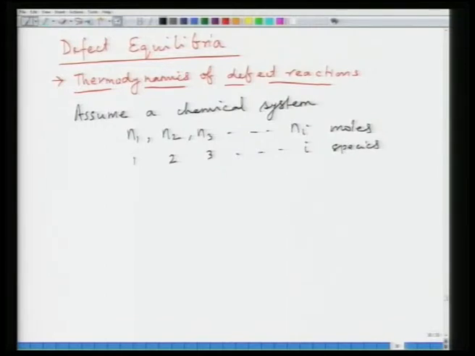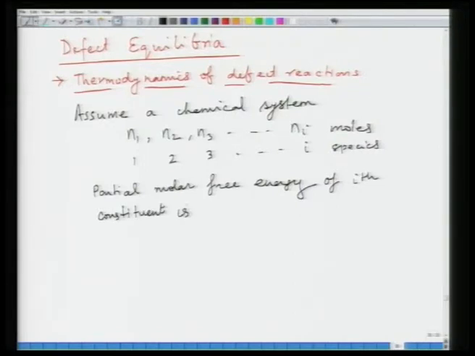And the partial molar free energy of a particular constituent, let us say of the ith constituent, is given as, so partial molar free energy is equal to chemical potential, which is, let us say Gi is expressed as del G, which is the overall free energy, divided by del Ni at constant temperature, constant pressure, and N1, N2, up to Ni minus 1, except Ni, everything else is constant, and this is also equal to mu i, or chemical potential of species or entity i.